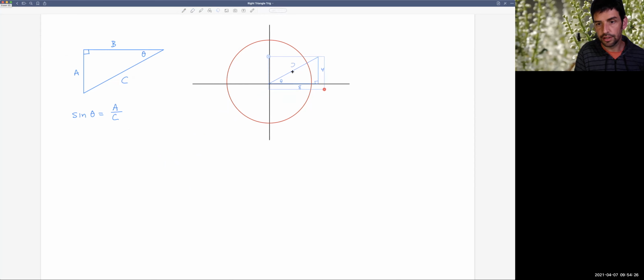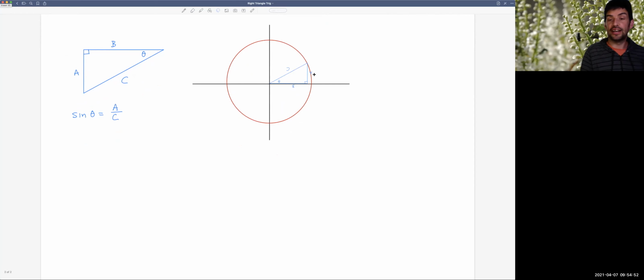Let's move it, putting the corner at the origin. We'll have to eyeball this a little bit. That looks pretty close. Okay, so we've got now a scaled version of our triangle, right?